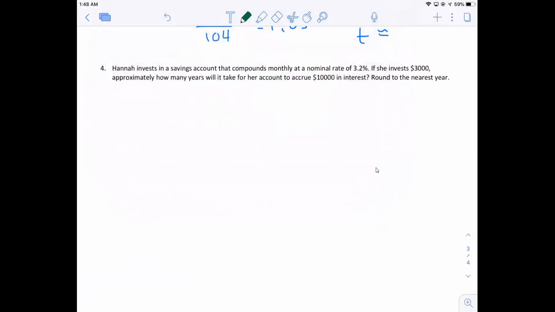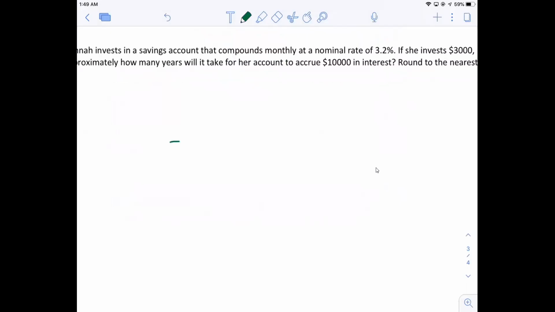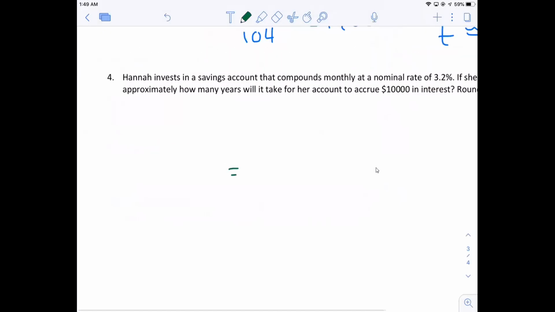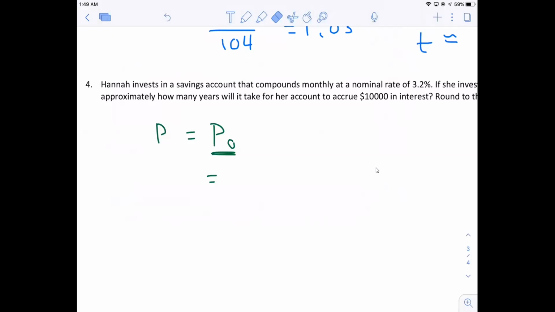All right, so here's our compounding monthly stuff, and we're combining it with solving it as a log equation. So I'm going to write the compounding formula in general. I think I used A before.